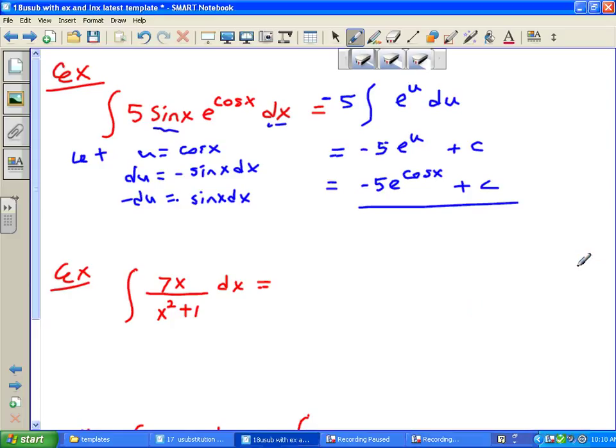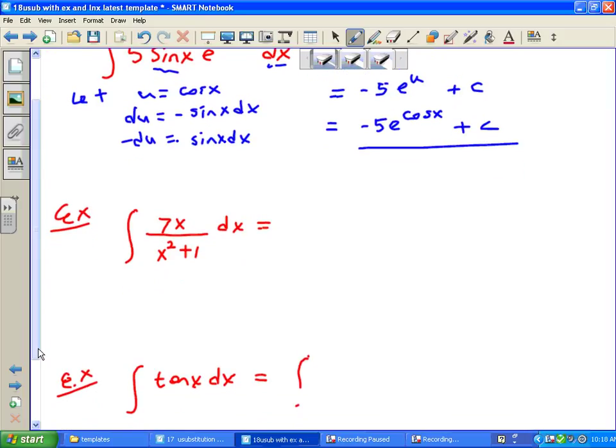So this one seems like a typical question in u-substitution, right? Let u be x squared plus 1. Again, that we know is a good choice for u because its derivative is going to bring in an x dx, and there's already an x dx on the top, right?